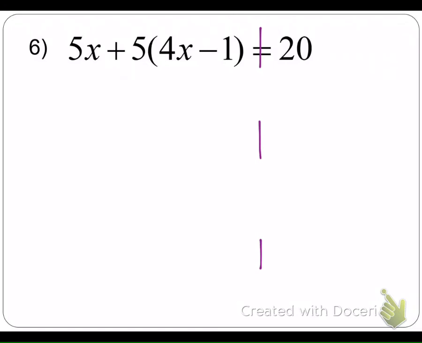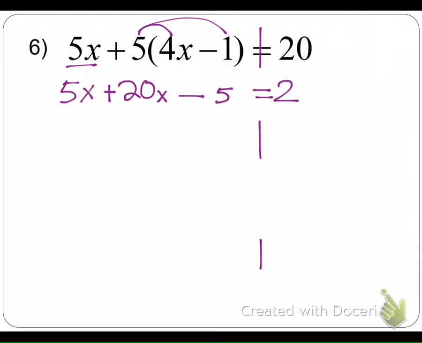Ideas. Yeah, how do I get rid of the parentheses? Distribute the 5. So I still have this 5x this time. Now I have 5 times 4x, which is 20x. Minus, then I have 5 times 1. 5. And that equals 20.